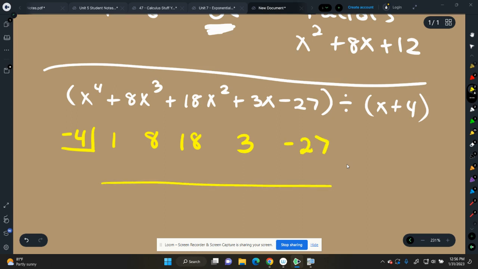Caroline, what do we do now? Drop the 1 down. And then what? Good. Multiply. Okay, everybody, tell me what to do now. Add. And then everybody multiply. And then add.